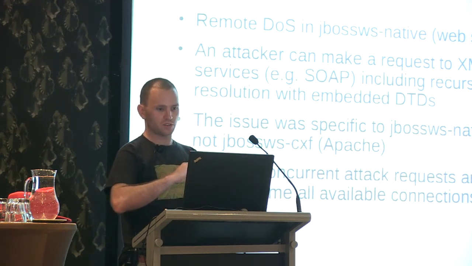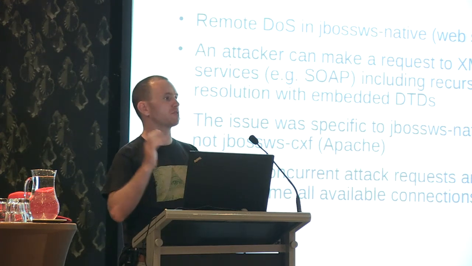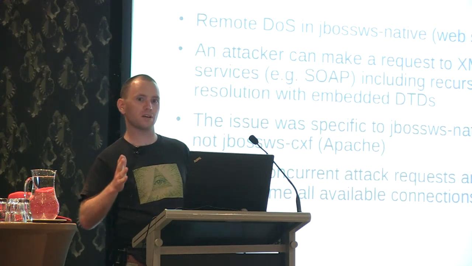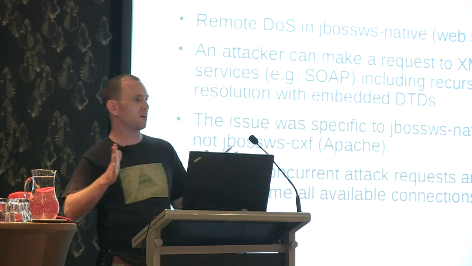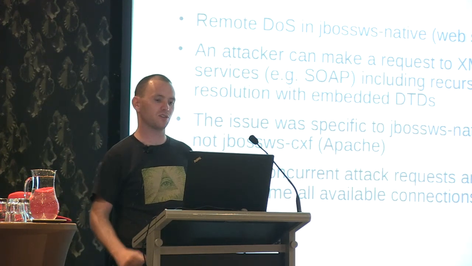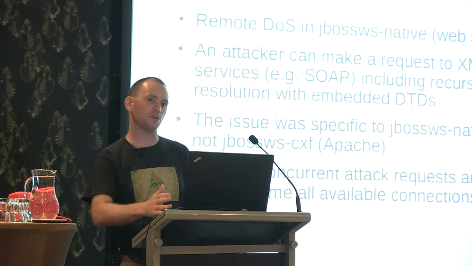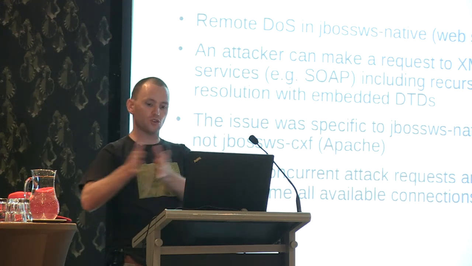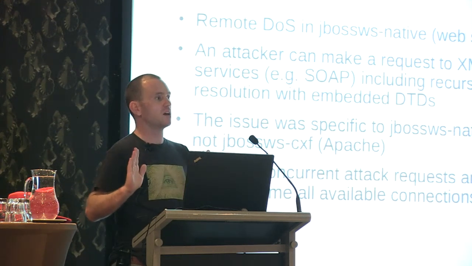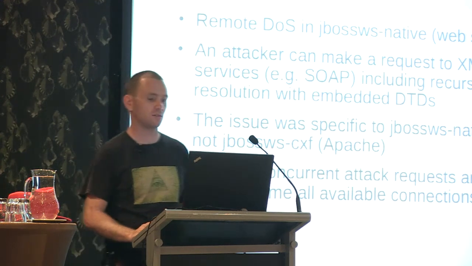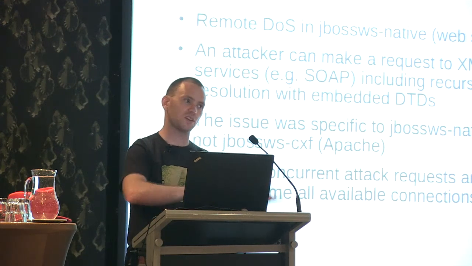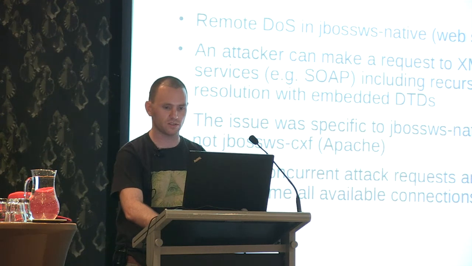So if you sent a number of requests equal to the maximum number of concurrent connections that JBoss is configured to handle, which is something like 4,000, simultaneously, within a half-hour window or so, it will consume all the available connections in the pool. When JBoss gets a new HTTP request, it says I've exceeded the number of connections I'm allowed, and it dies. It actually terminates. So you could use this to affect a complete DOS. That was a secondary effect that we had to fix as defense in depth.